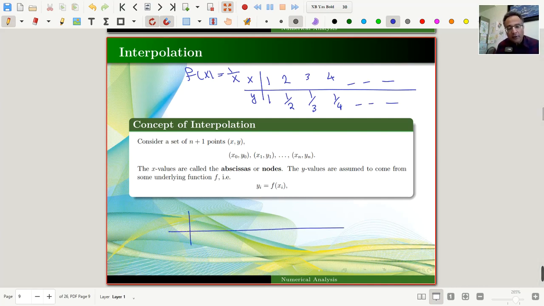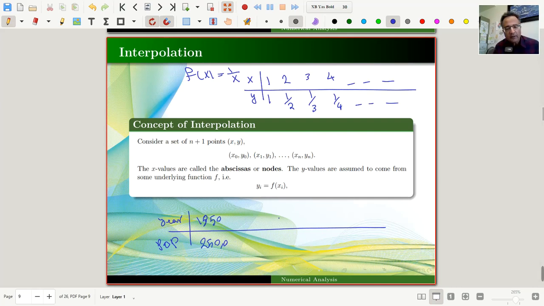For example, you calculate the temperature of something, or, I don't know, anything you can consider. For example, a year and population. For example, in 1905 it is 25,000.